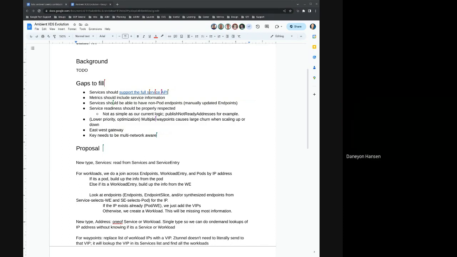Another area of the API too. Again, I'm still new to this, coming up to speed, but the gateway address. Looking at the code, it looks like the gateway address gets set, but when you look at the configuration of a ztunnel, you don't see it set.